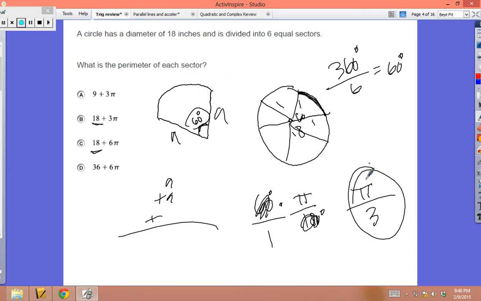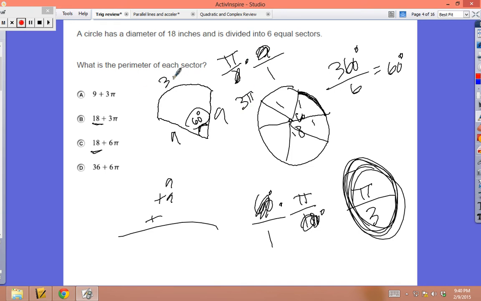So I'm going to take the radian, which is the arc length when the circle's 1, but now because the circle's 9, I'm going to do pi over 3 times 9, and that's going to be 3 pi. So this distance right here is 3 pi, so the perimeter is going to be 3 pi plus 18, and we're going to go with B.